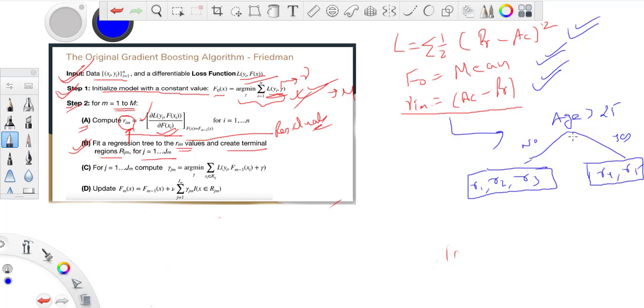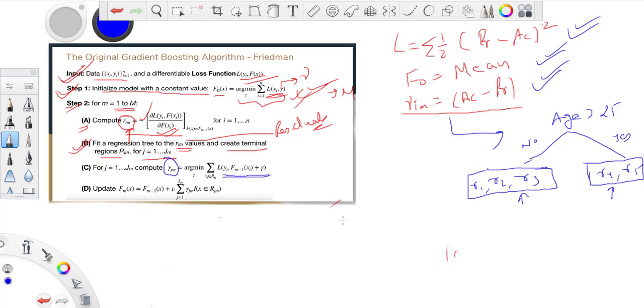Wherever age is greater than 25, I have got these two residuals, and wherever age is less than or equal to 25, I got these two residuals. Next, for each of these three, we need to find the value of gamma such that it minimizes this particular function.